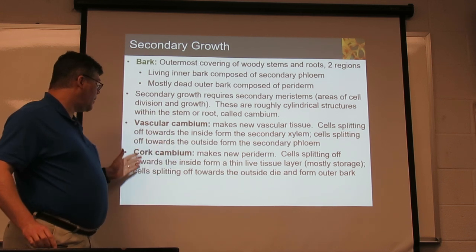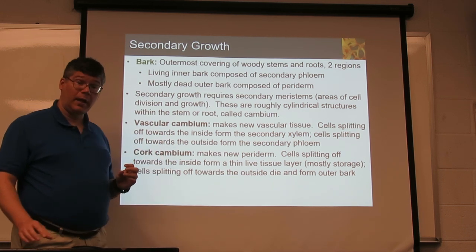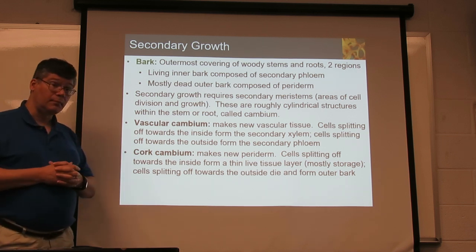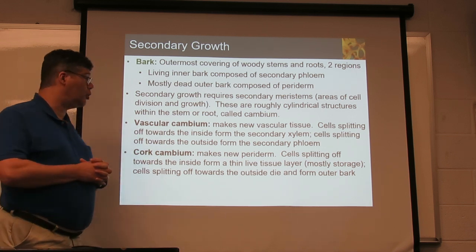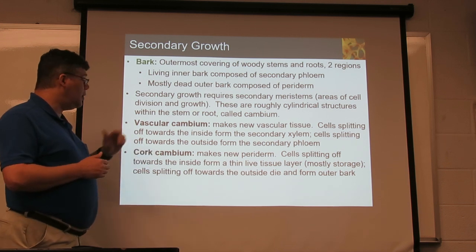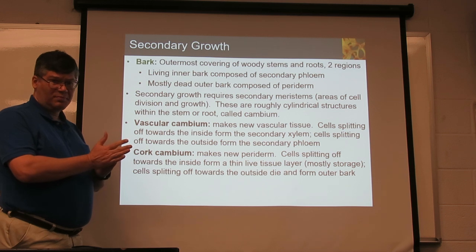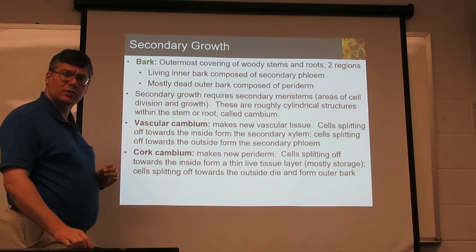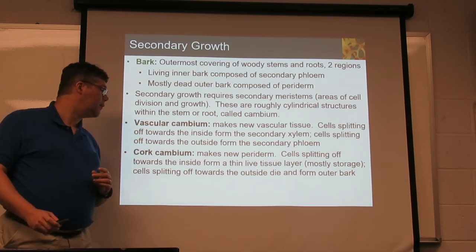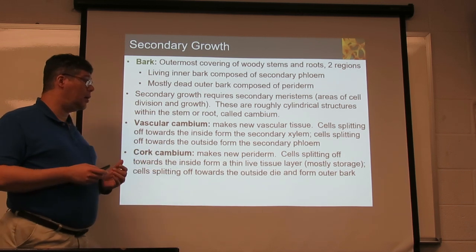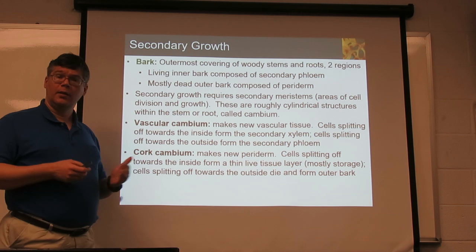And then we also have an outer layer that's growing the periderm, our dermal tissue. Towards the inside, we have the live part, mostly functioning in just storing nutrients, things like that. And then to the outside, we have the bark outer layer, the dead part.